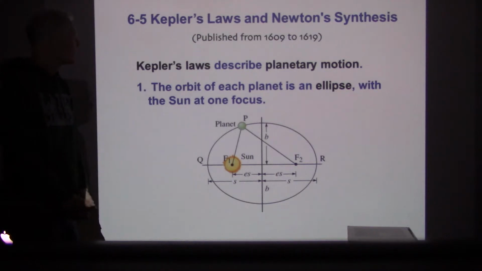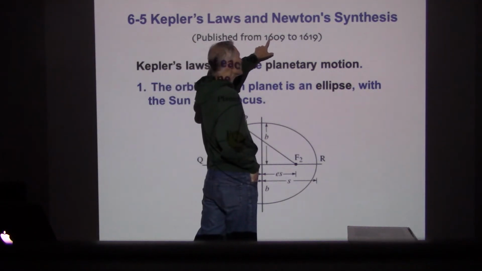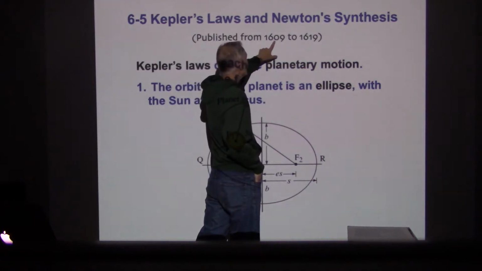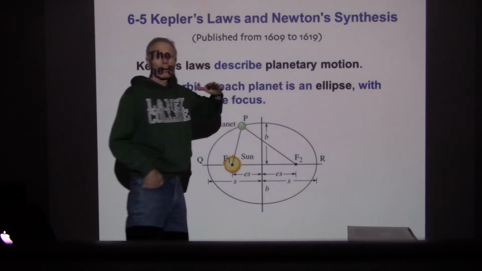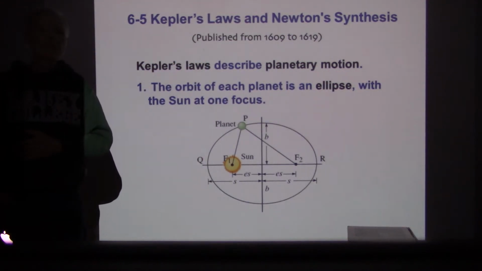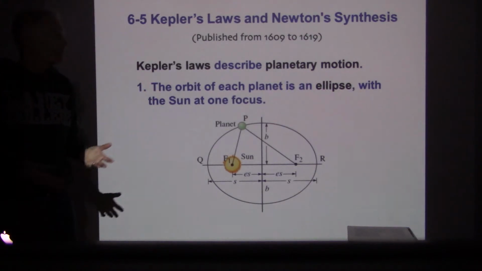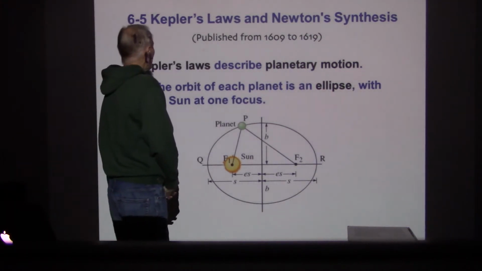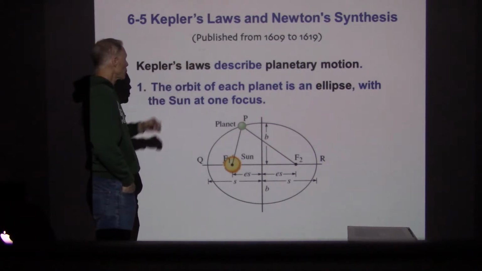So this is some amazing work that Kepler was able to do. These were published from 1609 to 1619. If you think of that in terms of the history of the United States, that was the very beginning of some of the very early colonies in what came to be the United States. So, 400 years ago.